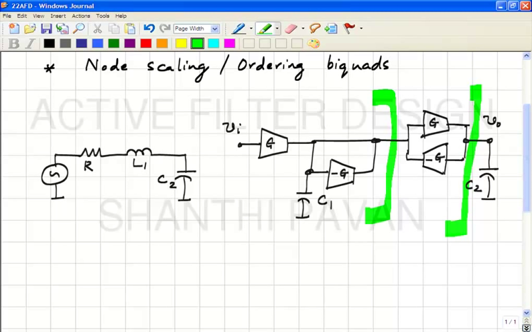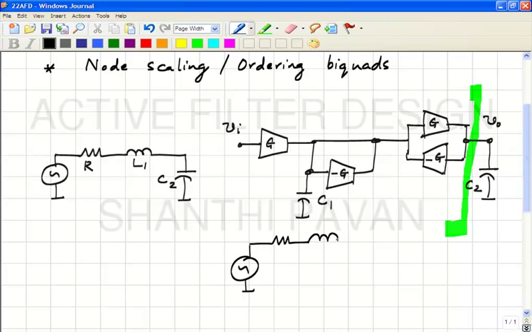Capacitance becomes inductance, conductance becomes impedance, current source becomes voltage source, current becomes voltage, series becomes parallel, correct? So if you terminate a gyrator with a current source in parallel with a conductance in parallel with a capacitance, how does it look on the other side of the gyrator? It will look like a voltage source in series with a resistor in series with an inductor. Okay, and what is the value of the inductance?